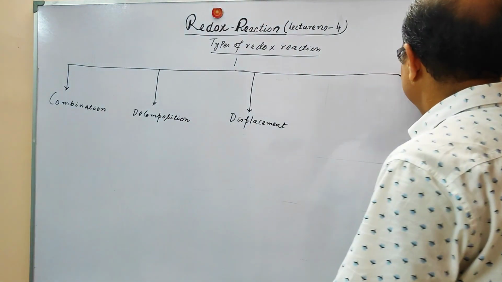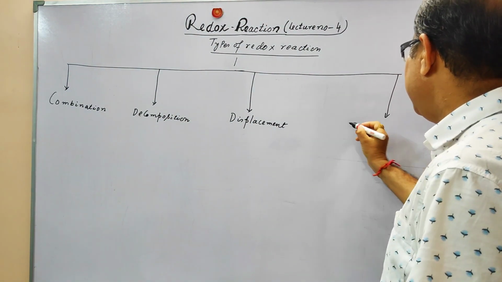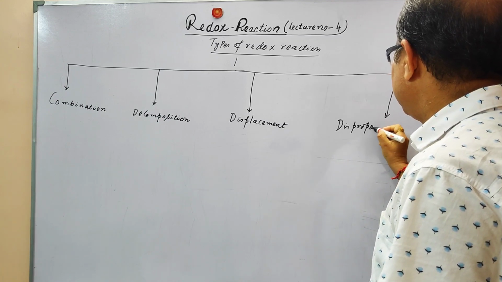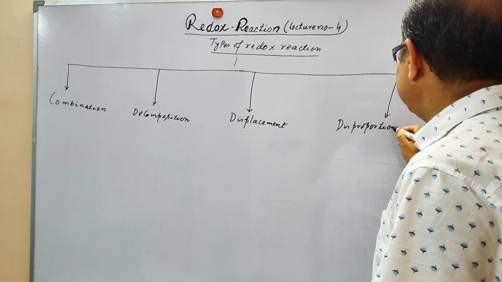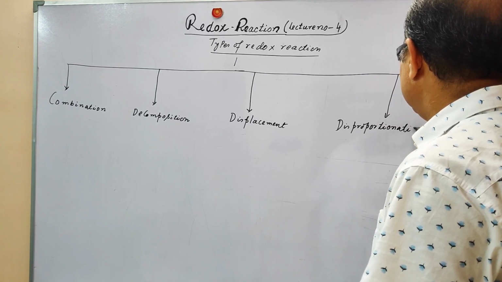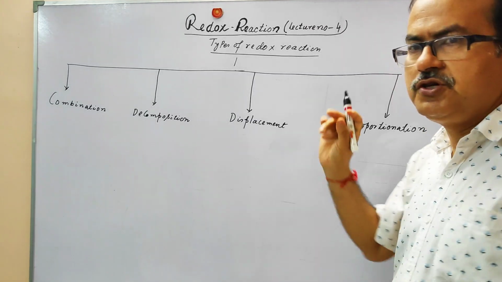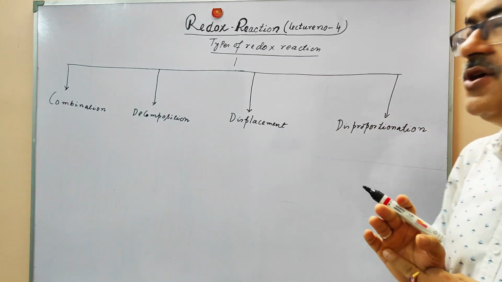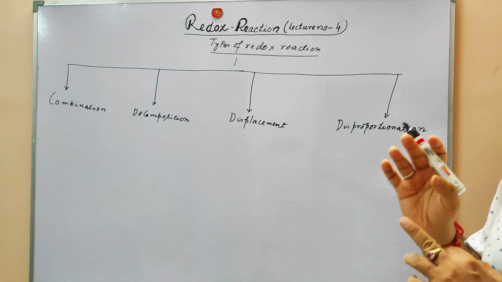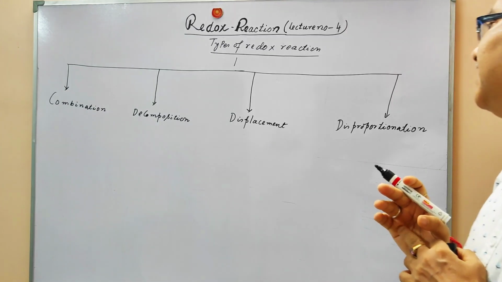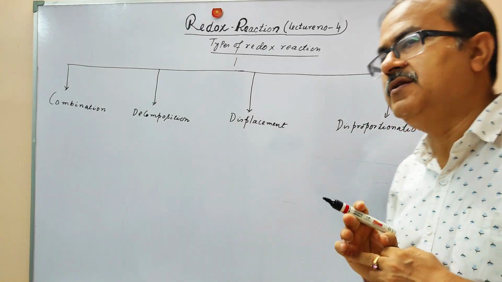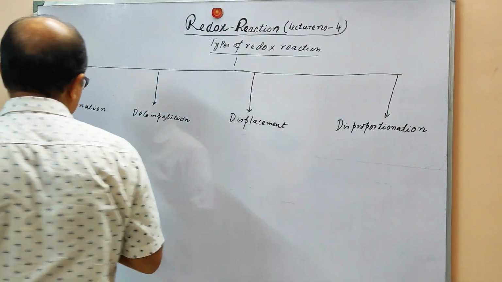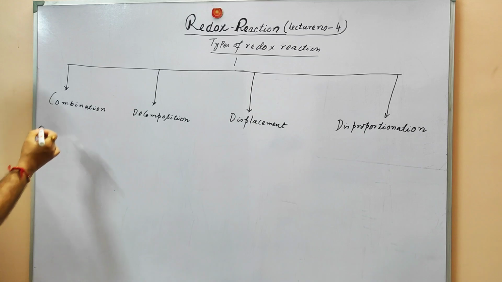And fourth, the disproportionation reaction. So these are basically the 4 types of redox reaction: first combination, second decomposition, third displacement, and fourth disproportionation reactions. We are going to understand each of these types individually.